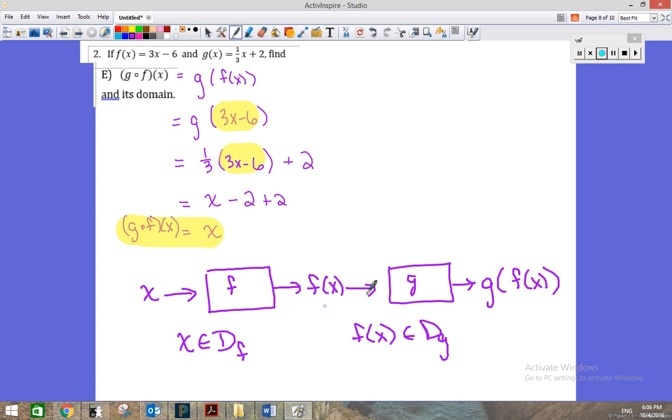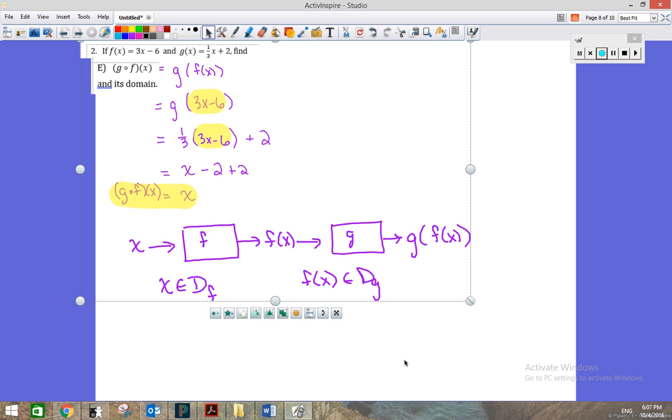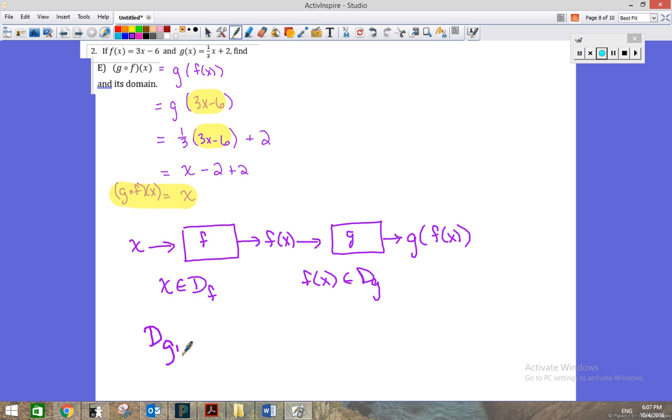I can do that for any number you'd like all day long, forever. So the domain of this composition is all real numbers. It'll become more interesting when we have two functions that have some restrictions on them.